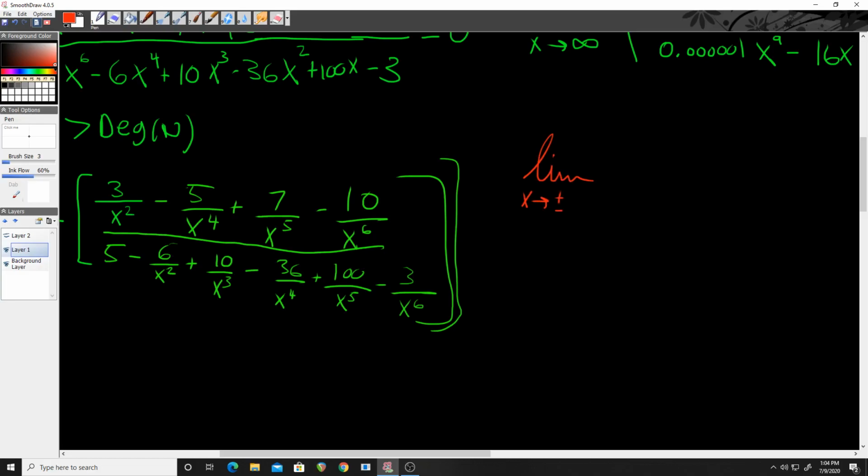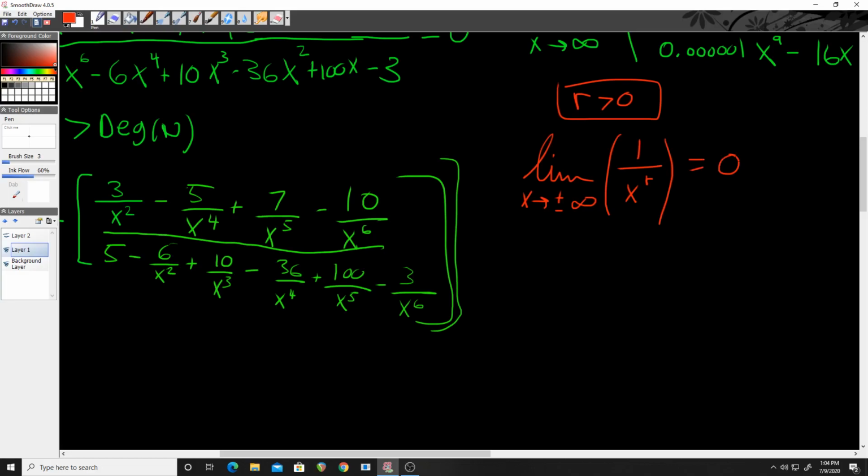Okay? It doesn't matter if it's plus or minus infinity. Either one is fine. 1 over x to any number r where r is positive, okay? r has to be positive. As long as r is positive and x is in the denominator, this limit is going to be 0.